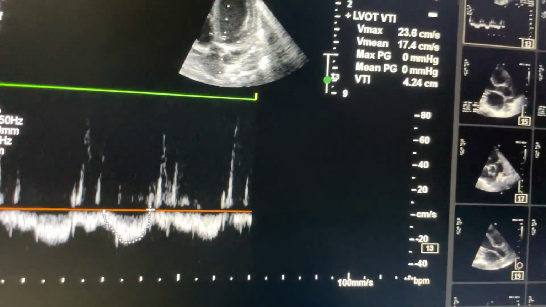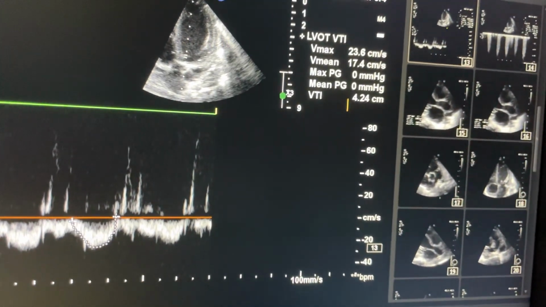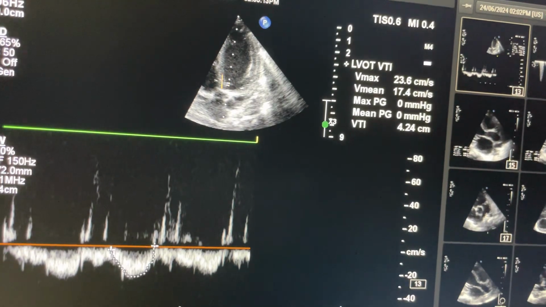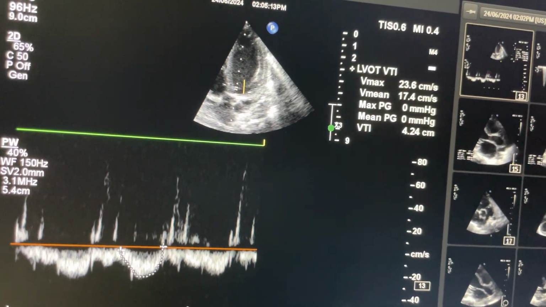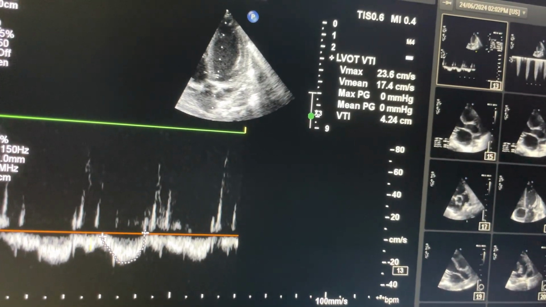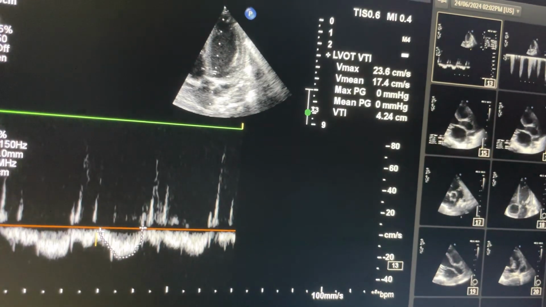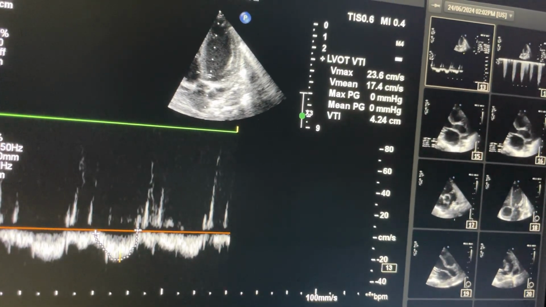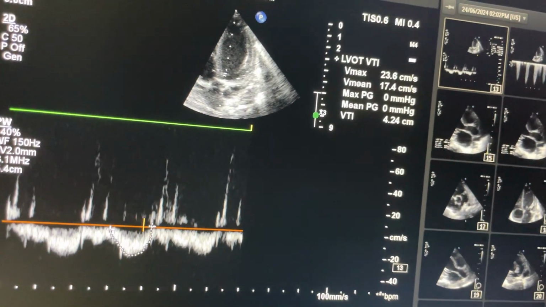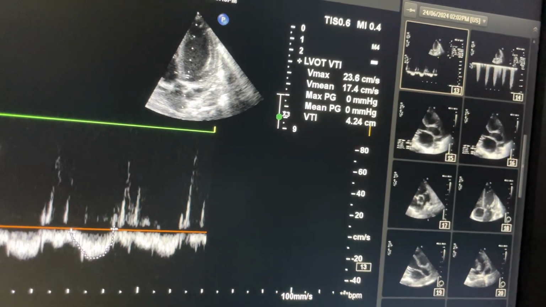Here the velocity time integral is 4.24 centimeter. You have put the cursor in the LVOT area, this is pulse wave velocity, and you just measure the time velocity integral. That is velocity multiplied by time, which gives you distance. This is the velocity time integral, 4.24 centimeter.